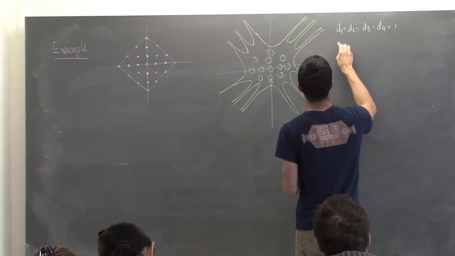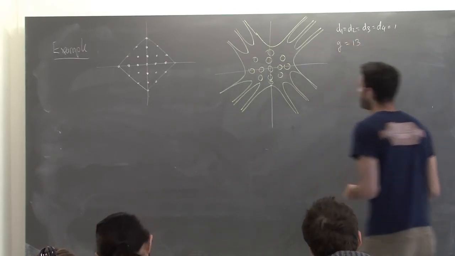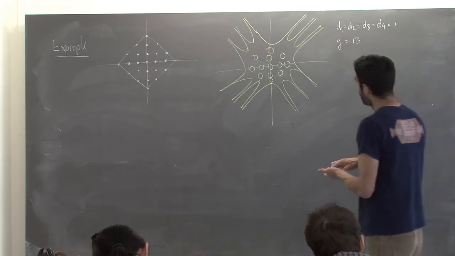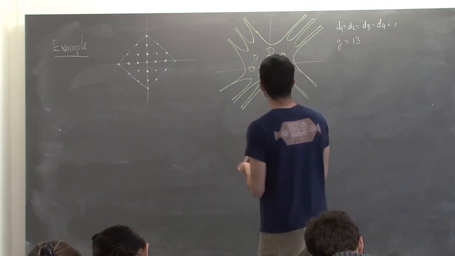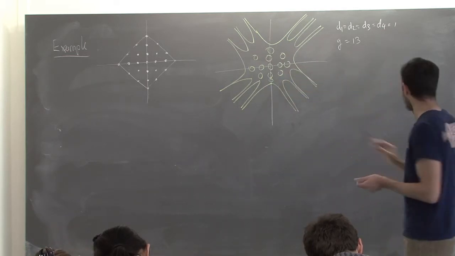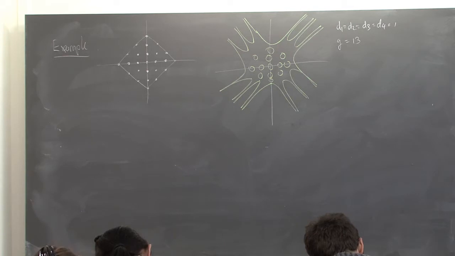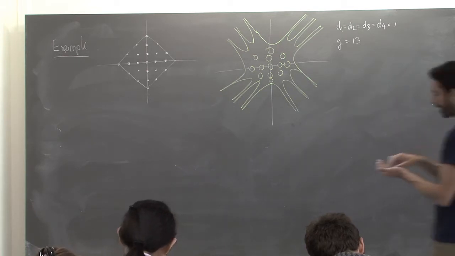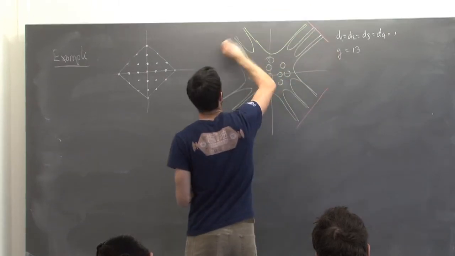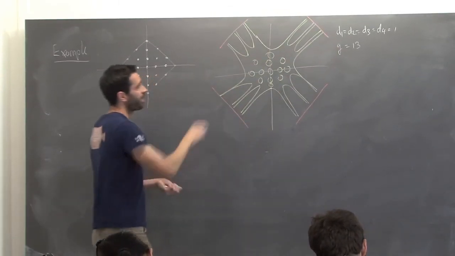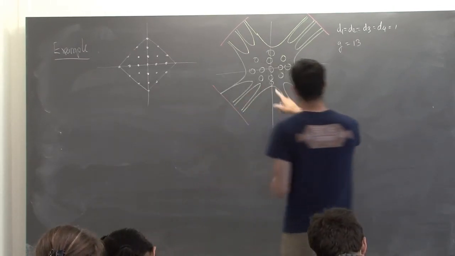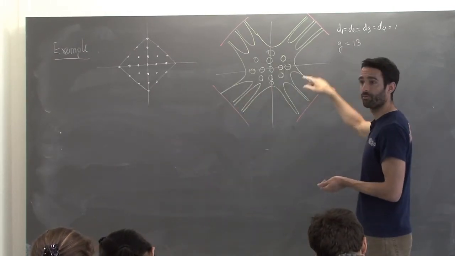And if I'm not mistaken, G is equal to 13. And so this would be the amoeba of a Harnack curve. It seems to work because, indeed, I have exactly G plus 1 components. G of them do not touch these new axes. And then the last one touches the axes, but exactly the right number of times.